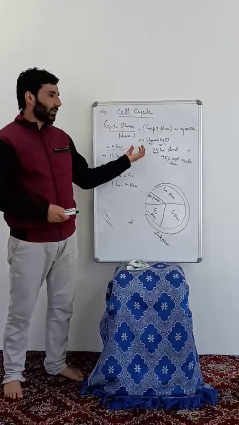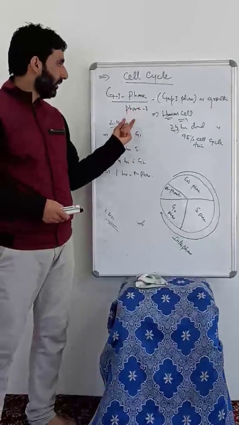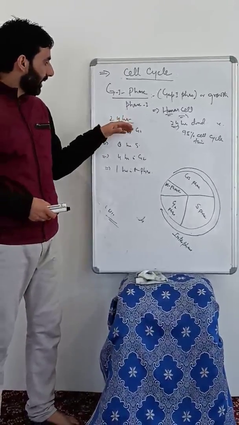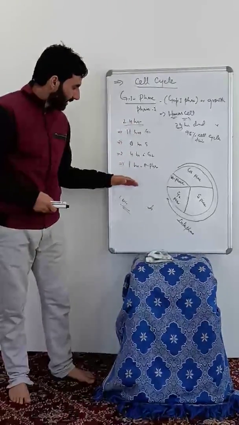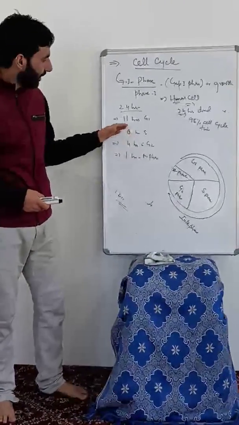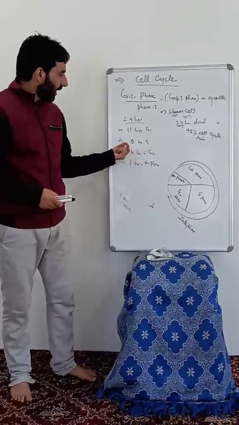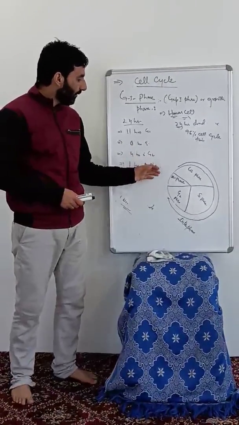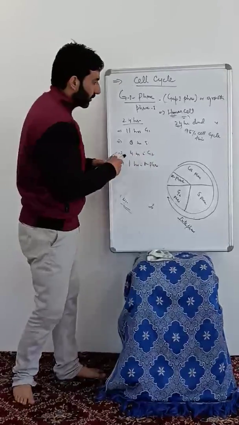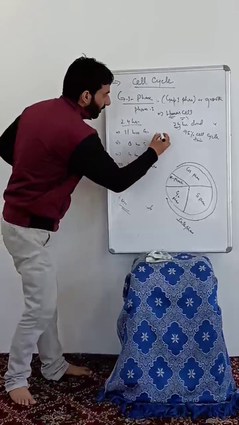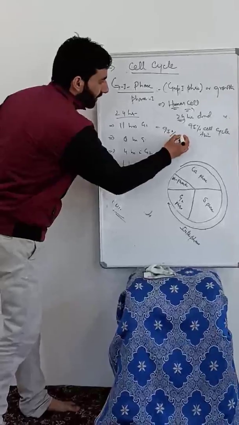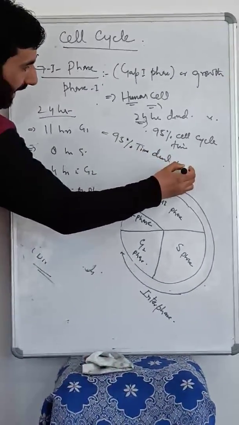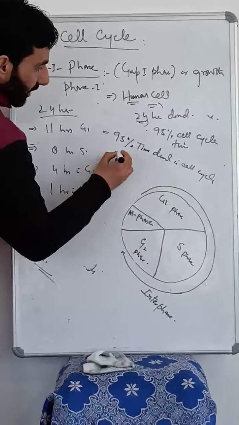The distribution of this time duration is 11 hours for the G1 phase, 8 hours for the S phase, 4 hours for the G2 phase, and 1 hour for the M phase. That's why I wrote it here. About 95% of the time duration in the cell cycle is consumed in the interphase.